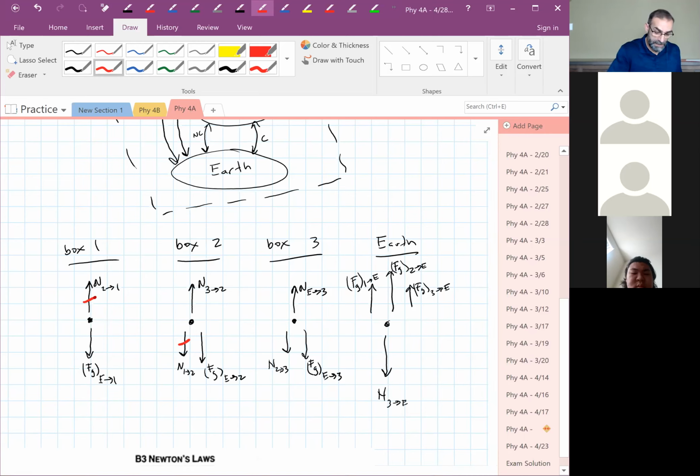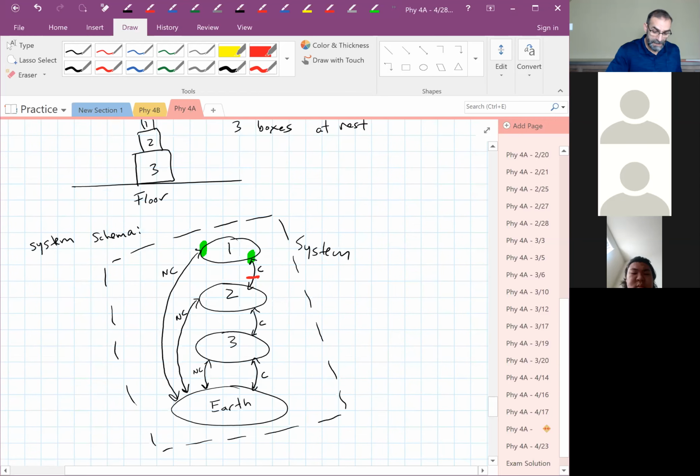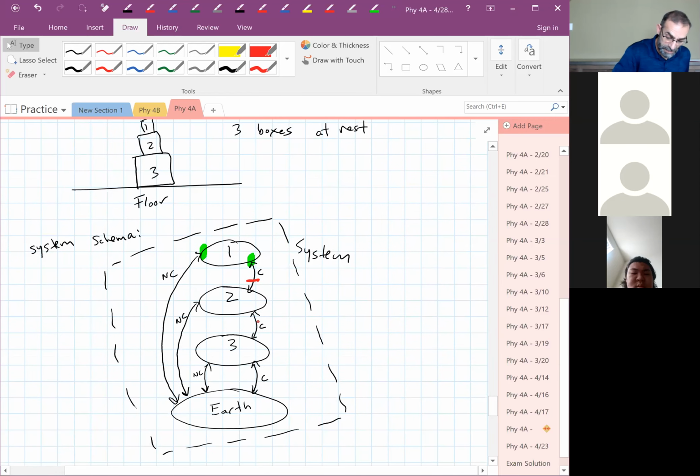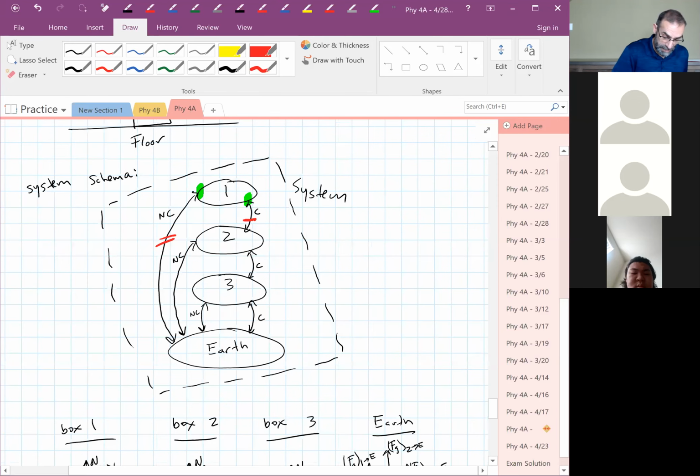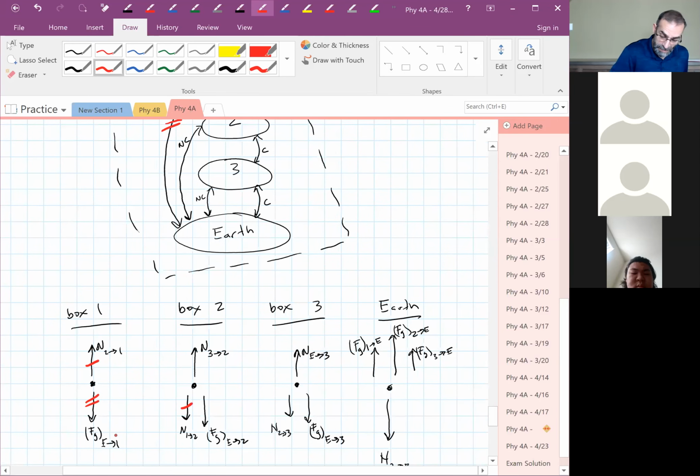Then I come back up here and I'll use two lines for this one. This is going to give me a Newton's pair with the Earth, right? This is the force of gravity with the Earth. So I've got this one and the force of gravity on the Earth from 1. Those are a Newton's pair, right? Then I come back up here.